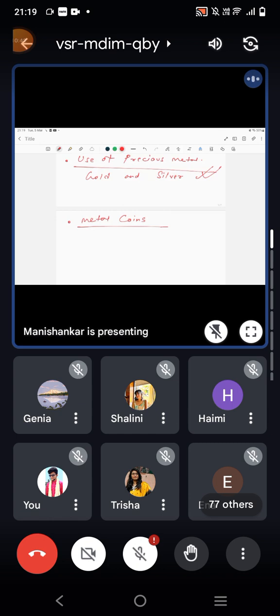So you can use a coin, like a gold coin or silver coin. Like normal gold bullion, instead of carrying a gold bar or silver bar, it is better to use a gold coin or silver coin.